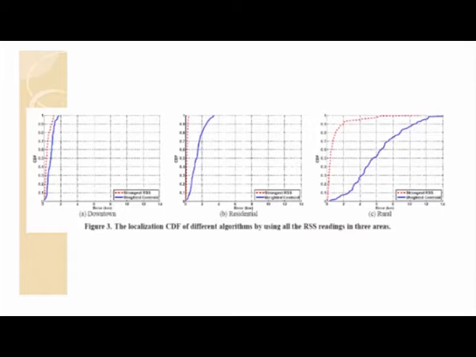Again, what does the CDF mean? Take this third picture: for weighted RSS, 4 kilometers or less error is 30%, while for strongest RSS, 4 kilometers or less error is like 95%.